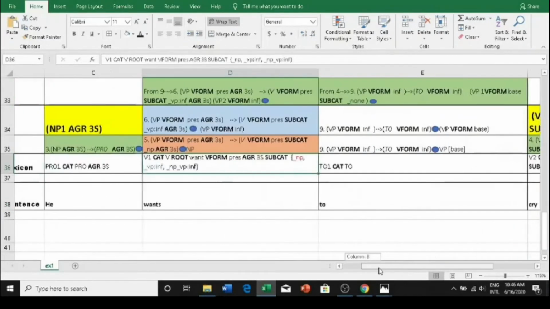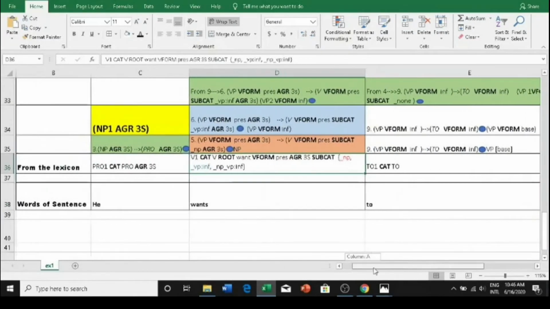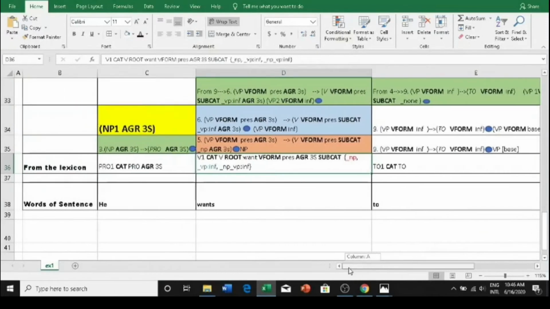Then for all other words, these lexicon entries are written. If you see the case of "he", it is a pronoun with AGR feature 3s, and "once" is finally a verb present tense form with AGR feature 3s, and subcategorization values.